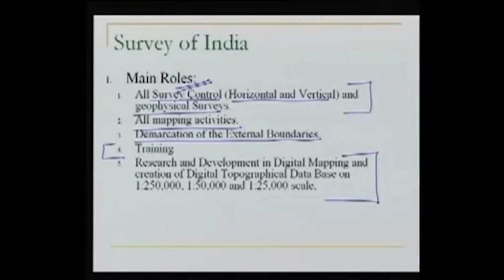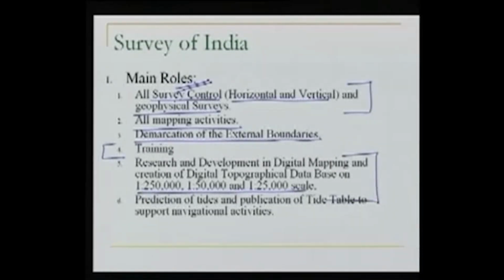One very important activity of Survey of India right now is developing digital database. So they are developing the digital database at various scales, as we can see here. One more job of Survey of India is prediction of tide, as well as they make the tide tables, as we can see here. These are very important tables for navigational activities.